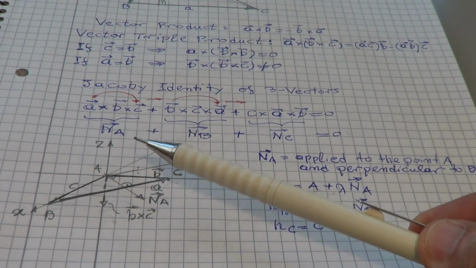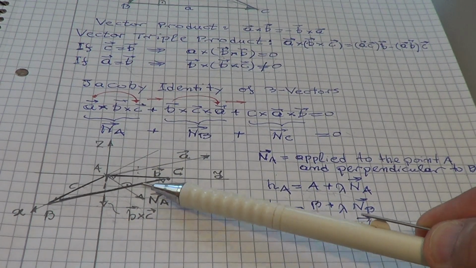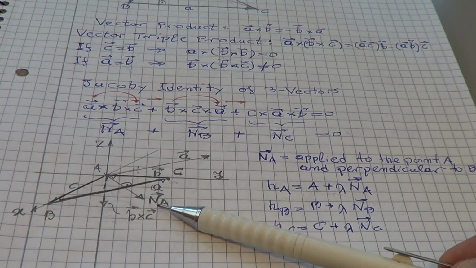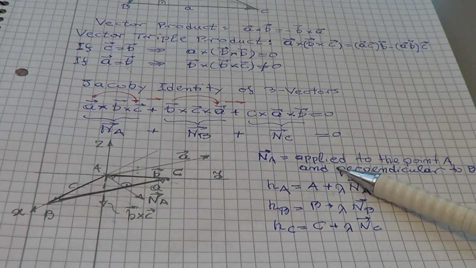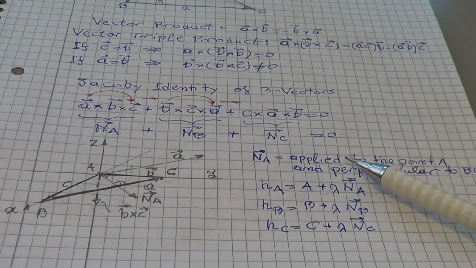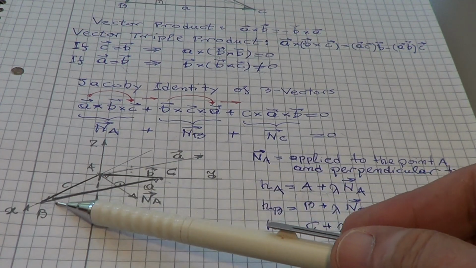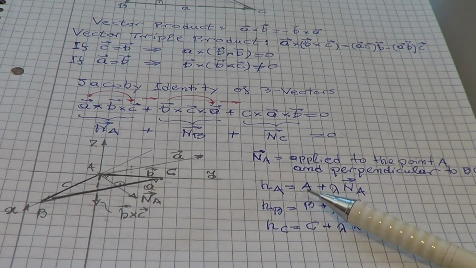And the cross product of A with this vector is the vector N_A, which is applied to the point A, and it is perpendicular to the side BC of the triangle.